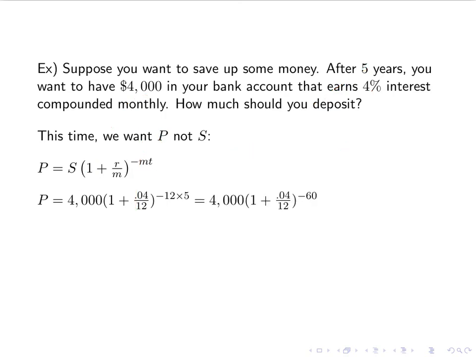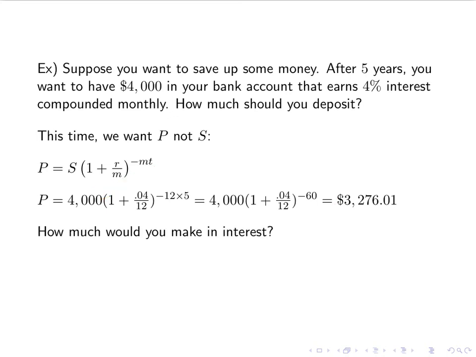I'm going to simplify as best I can. 12 times 5 is 60. 0.04 over 12 is a repeating decimal. So again, you want to make sure you have that whole thing in there. My answer is $3,276.01. Notice it is less than S because now I'm looking for P, and S is always the bigger one.